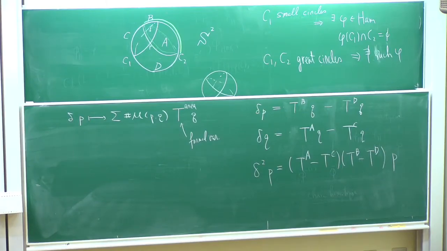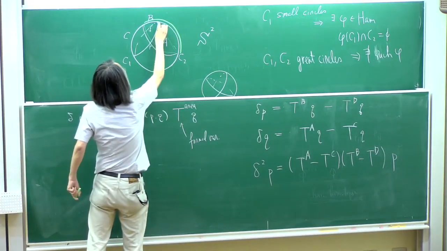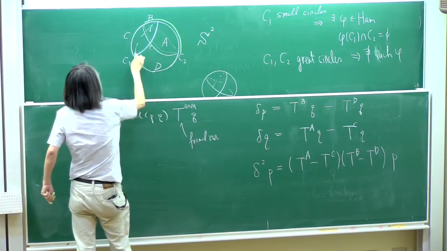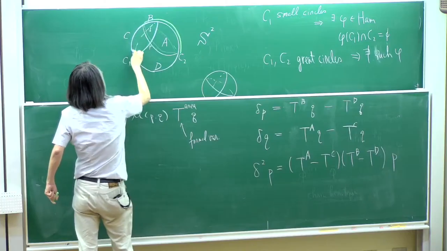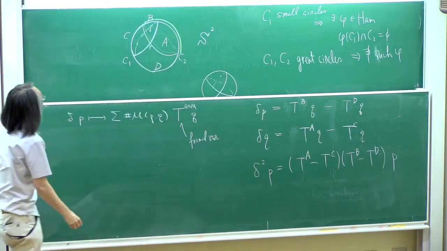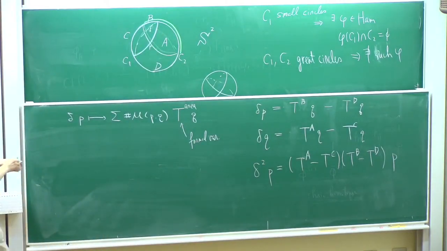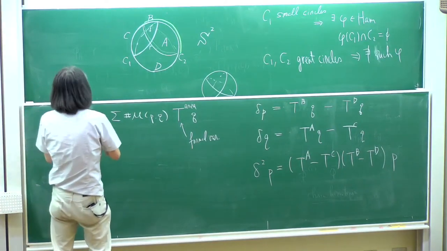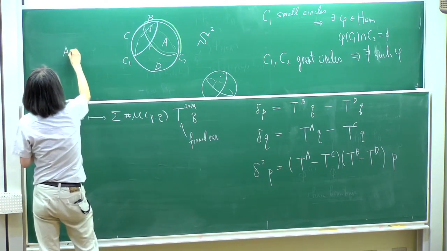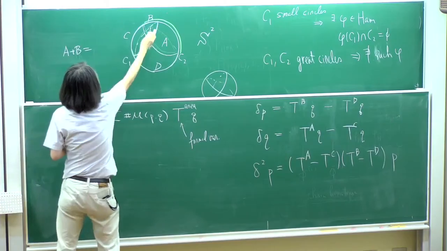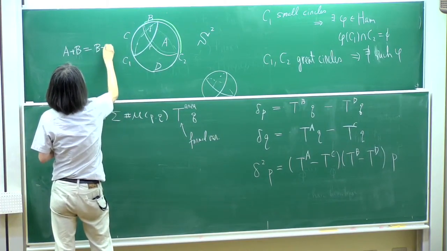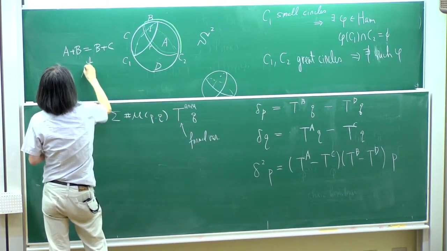This one. Then what we have is the area A plus B is equal to B plus C. So from here, I say that A equals C.